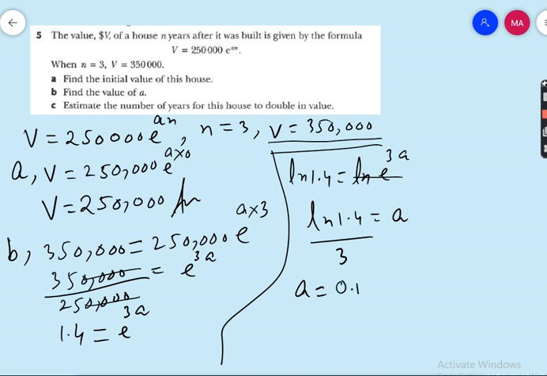You can check from the calculator. So this is part B of question number 5. Come to part C.